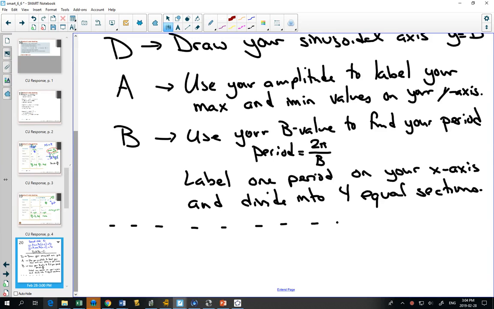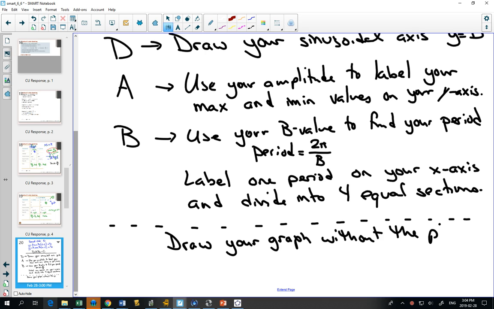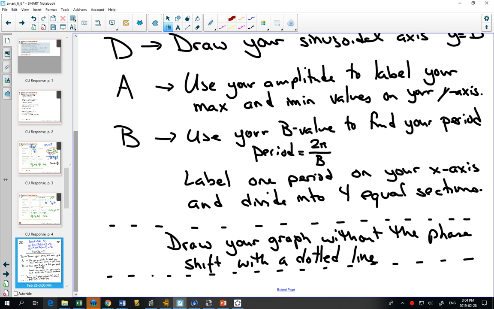The dash stands for a dotted line. Draw your graph without the phase shift, with a dotted line, because it's not your final graph. Here, big dash.